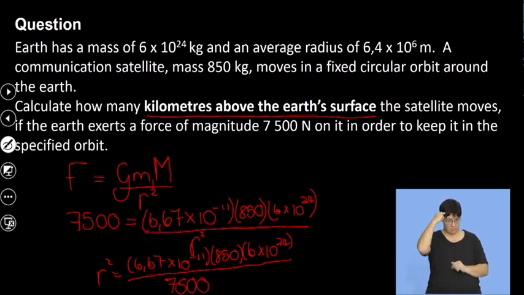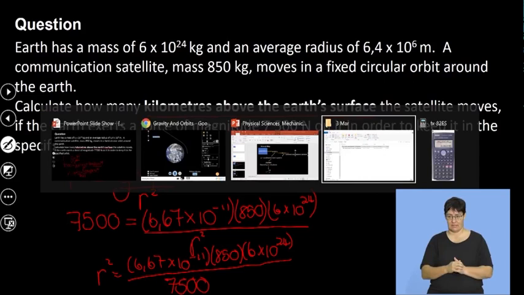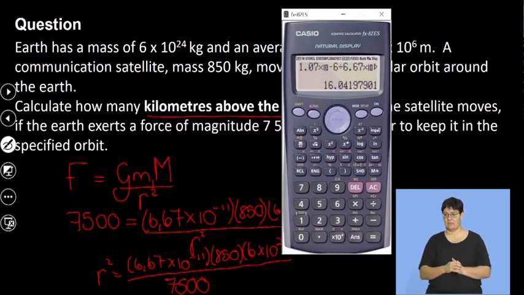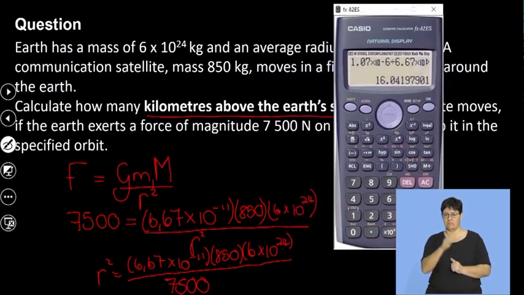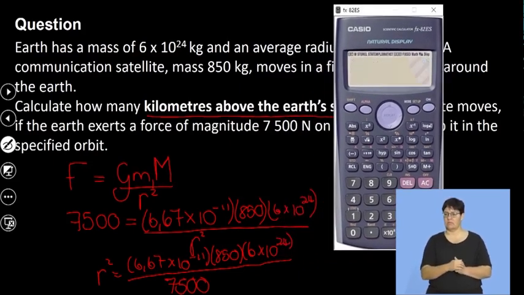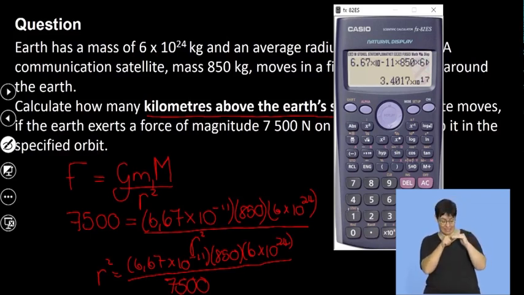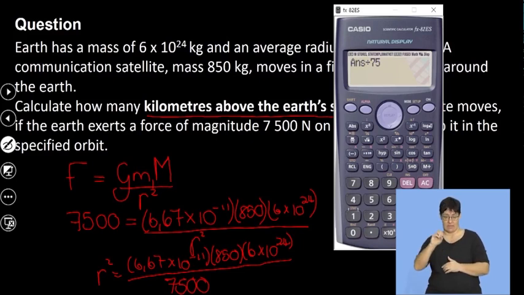I cannot do this in my head, so we get our calculator out. 6.67 to the minus 11 times 850 times 6 to the positive 24 gives us the top part. Now I'm going to divide that by 7,500, and that gives me 4.5356 times 10 to the 13.